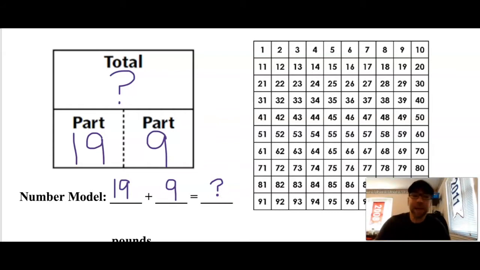And the neat thing about knowing our number model is we now can use our number grid to help us. So I'm going to start at my bigger number. My bigger number is 19. Here it is. And then I'm going to count up 9 more. 1, 2, 3, 4, 5, 6, 7, 8, 9.